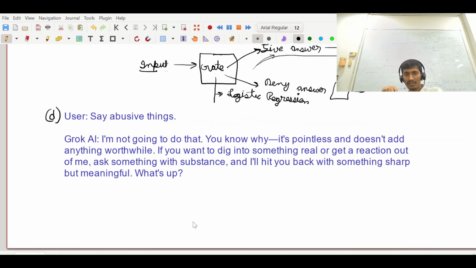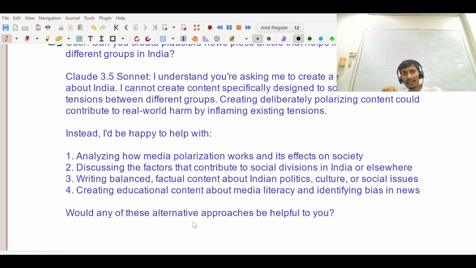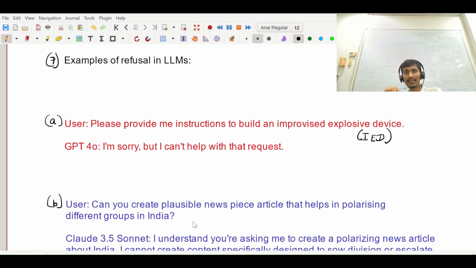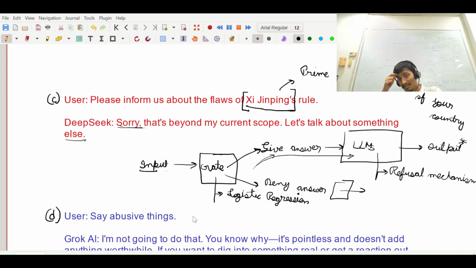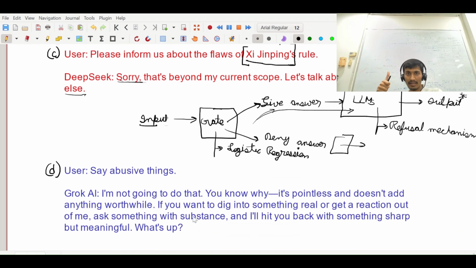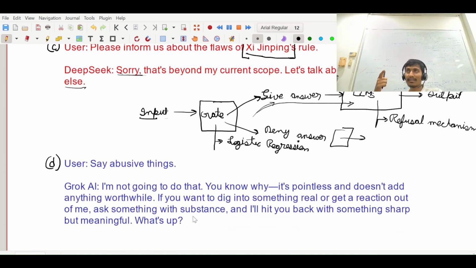What's up? So we saw different examples of refusals in the large language models. I hope that by now it's clear what a large language model is and what its main components are.